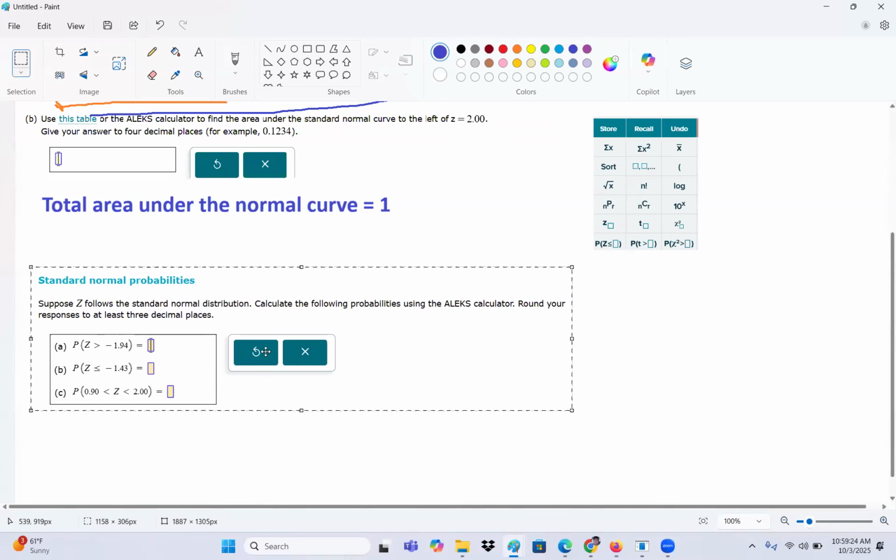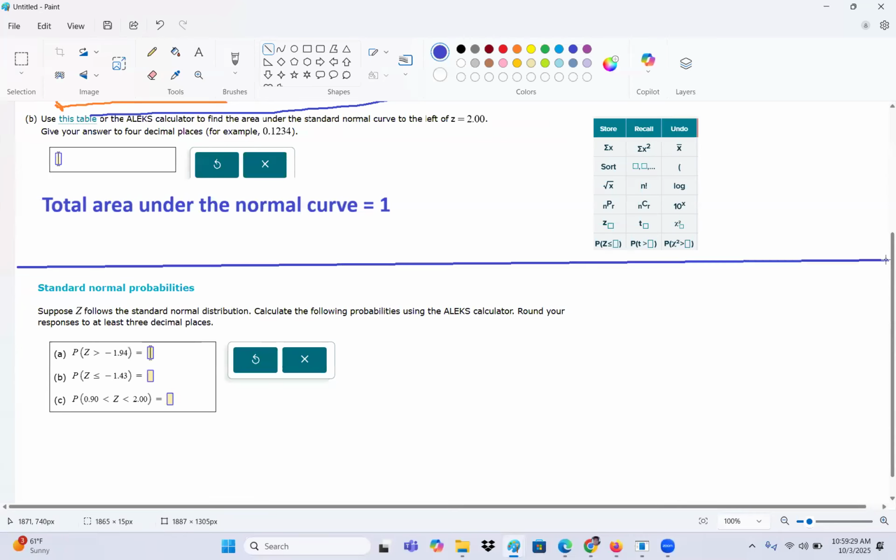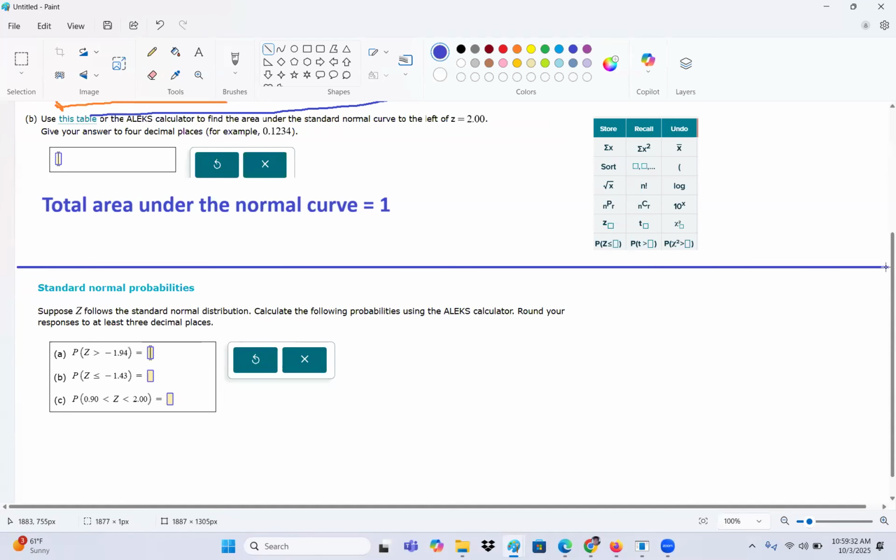I prefer people use the calculators on the exams instead of using a chart. For the first one, the size is greater than, so we have to take 1 minus, because the calculator only gives us the lesser area.